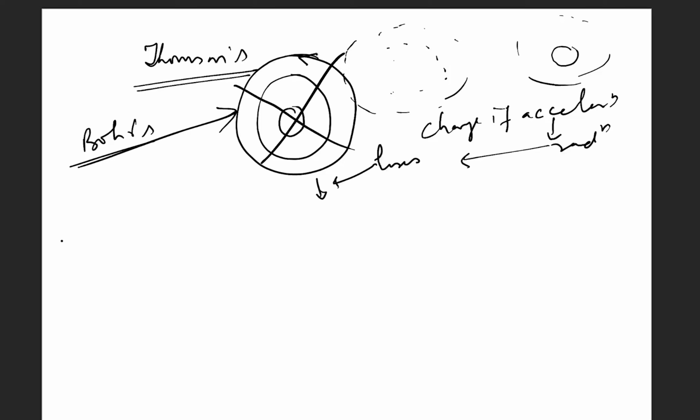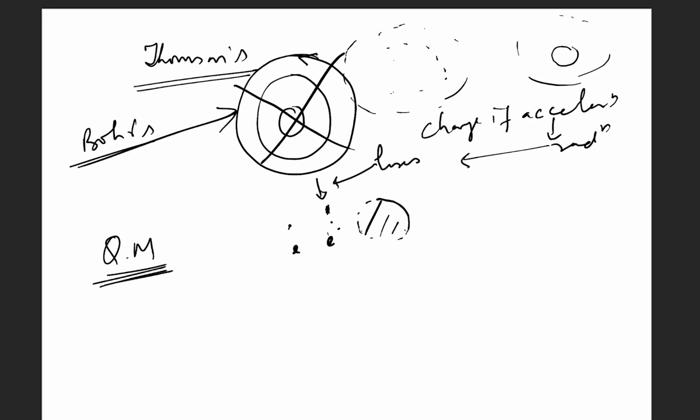But quantum mechanics comes into the picture, and what it says is that this positive charge, although concentrated near the nucleus, the electrons are scattered around this positive charge.